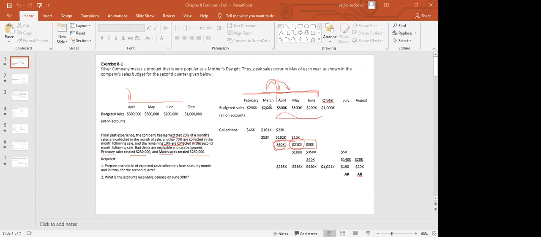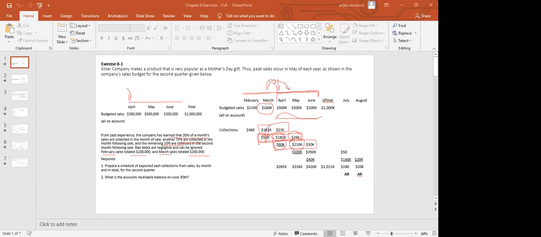So March has 260,000 in sales. 52 will be collected in March, and then 182 will be collected in April, and then 26 will be collected in May. So this is March here. Again, simply in chronological order, because this is February.